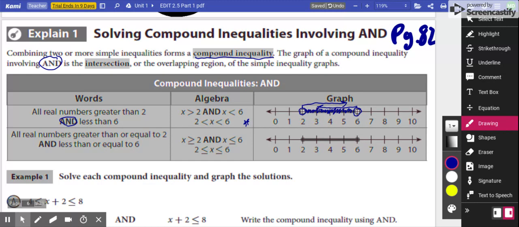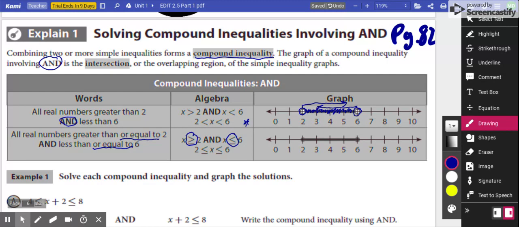Now, the only thing that's different for our second row here are these words, or equal to. Our symbol also changes. We took a look at these symbols last class. So we have a greater than or equal to sign and a less than or equal to sign.